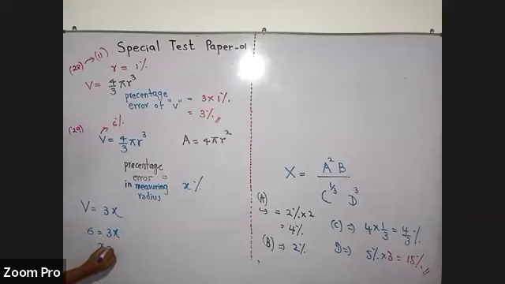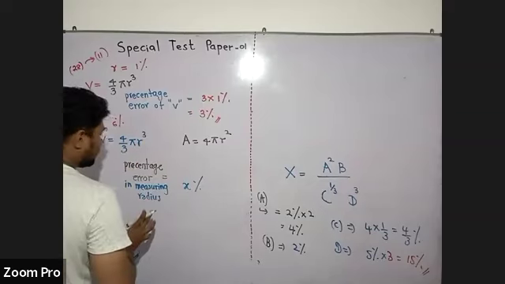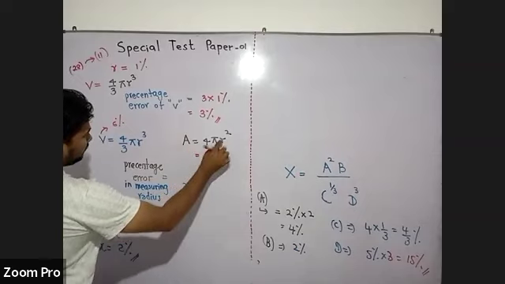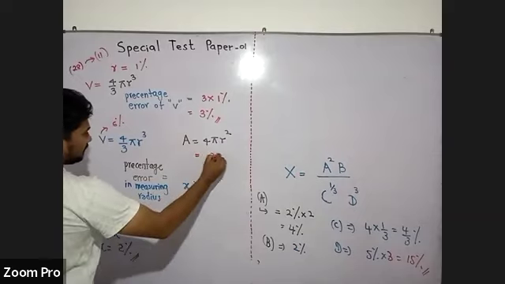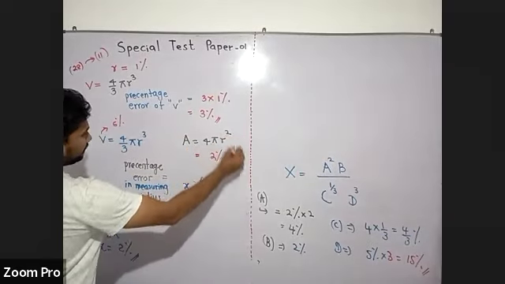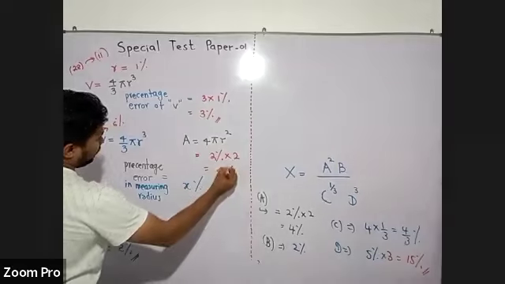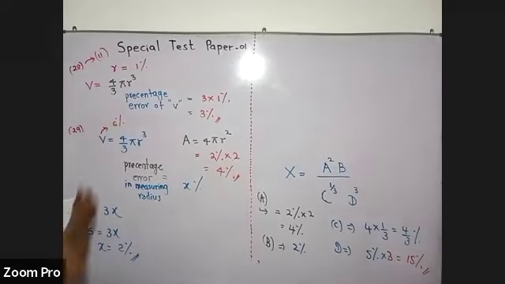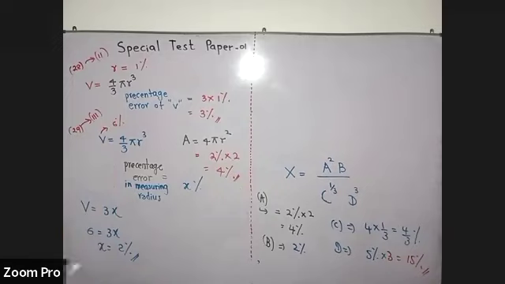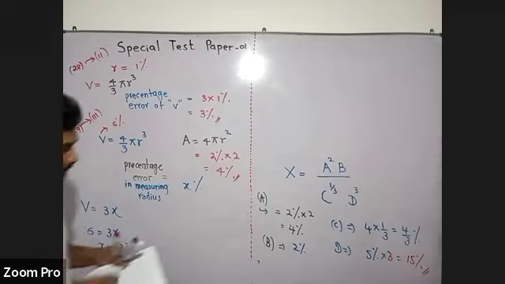Then x should be equal to 2%. Then we can find the percentage error in measuring area. The percentage error in measuring radius is 2%, and it should be multiplied by 2. So the answer should be 4%. Right, so the answer should be the third one.